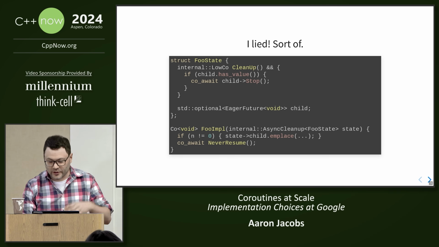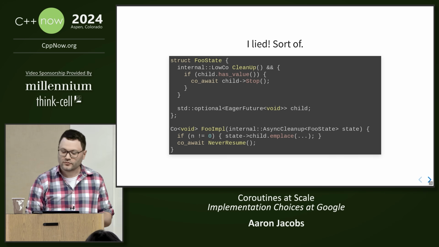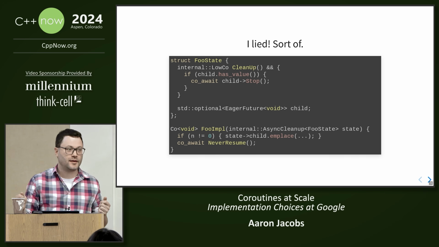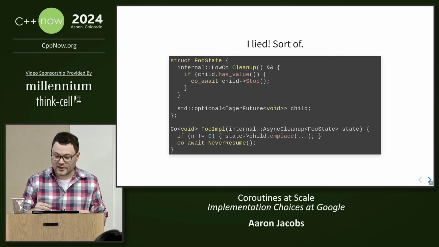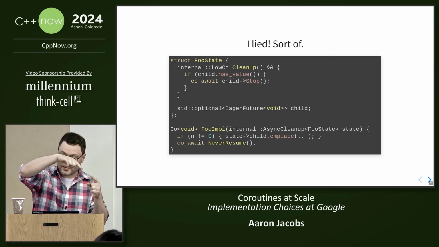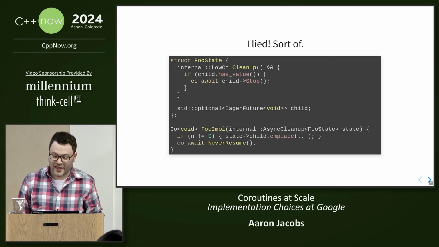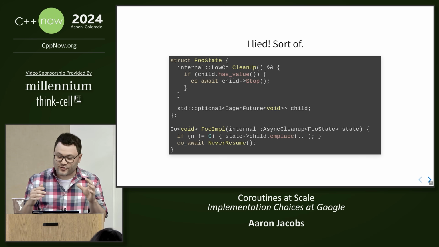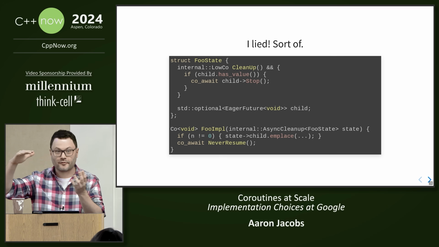Okay, I tricked you a little bit. I do actually have a really over-engineered solution to some of this, but it's a royal pain, so I'll just summarize it here. We teach the coroutine promise type to understand a special parameter type called async cleanup. When it sees that as the first parameter in the coroutine, it records a cleanup coroutine that it can call to destroy the interesting state for that coroutine. The eager future destructor in turn knows to call this function to do stack-friendly cleanup if it's present.